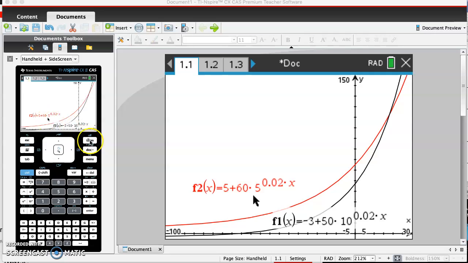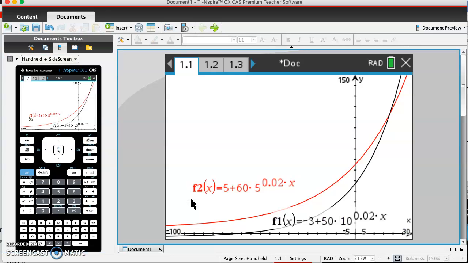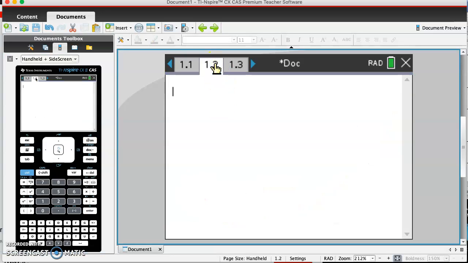You can open a calculator page by going to Menu and hitting this first one here, which is your calculator page. Right, so if I go back to the document and I've got my calculator page already opened, I can now figure out different values. For example, if I want function number 1, you'll notice it goes bold because that function is already defined.